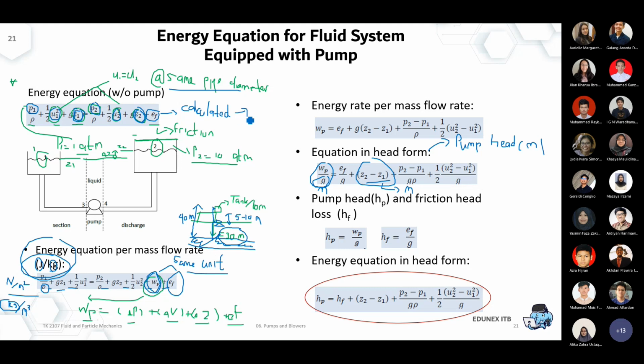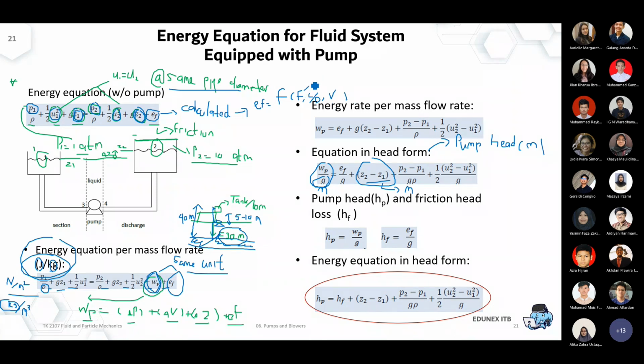If you remember the EF, I can't remember the formula, but if I'm not mistaken, there must be the fanning factor, small f itself, usually L per D, and then U squared, the velocity. Something like this.